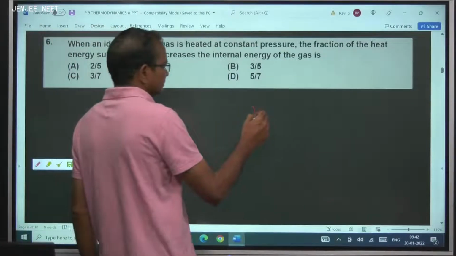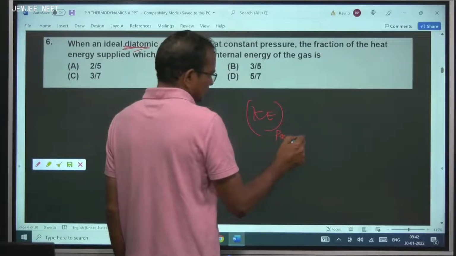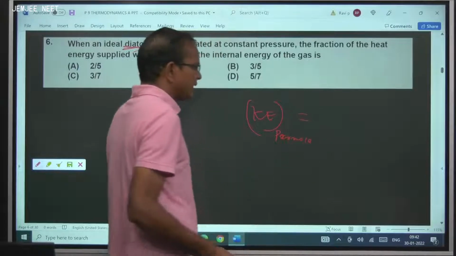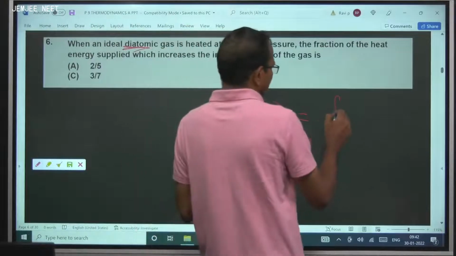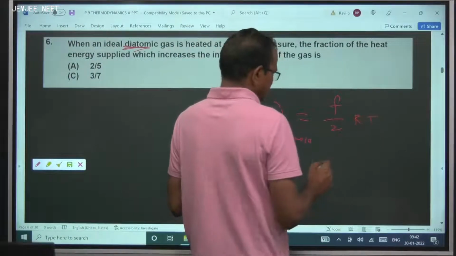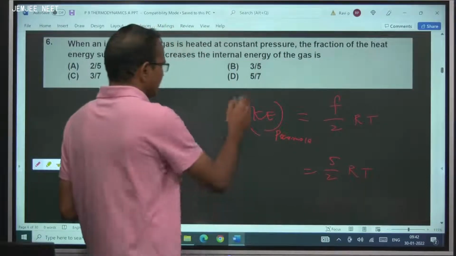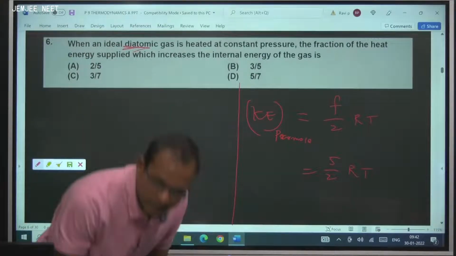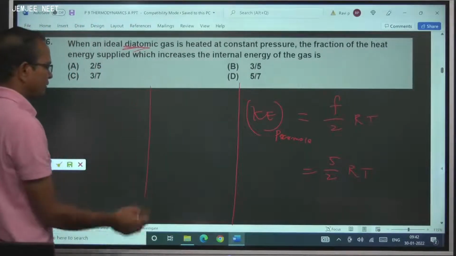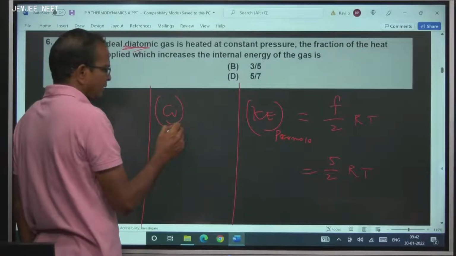What is kinetic energy per mole? For a diatomic gas, someone give me an idea. Kinetic energy per mole is F by 2 into R, so 5 by 2 into R. Excellent, Kanna. 5 by 2 R is the kinetic energy. Then please refer to your notebook if you want, but tell me CV of the diatomic gas.